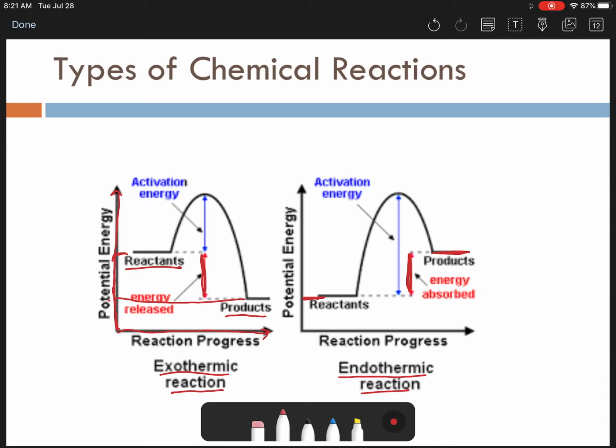So don't get frightened by these graphs, like, oh, this is just so confusing. Always just go to where are your reactants, where are your products? Do the reactants have more energy than the products? That means we had to have released some energy. That means it's exothermic. If your products have more energy than your reactants, that means we had to absorb energy.